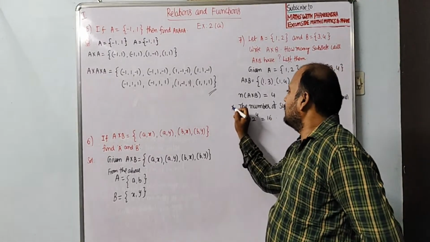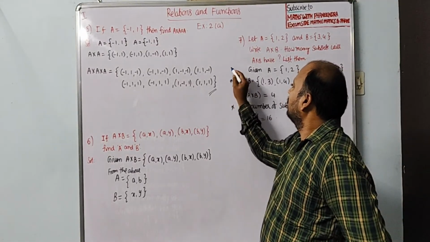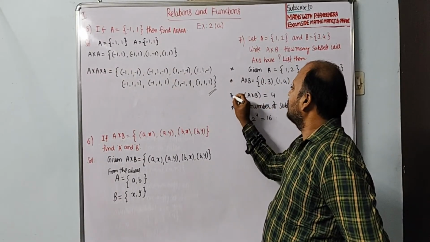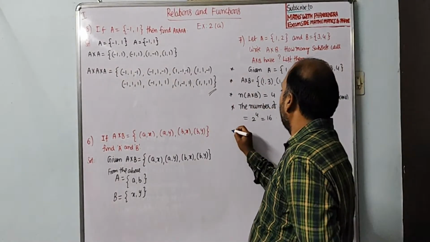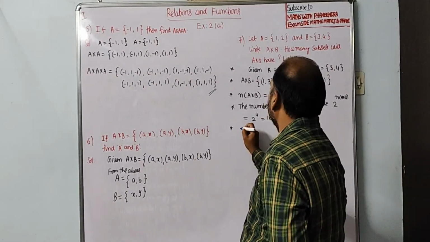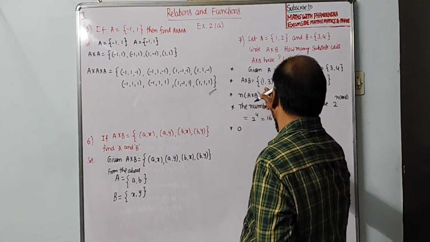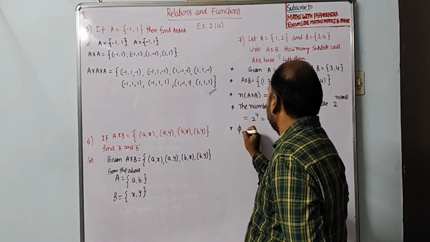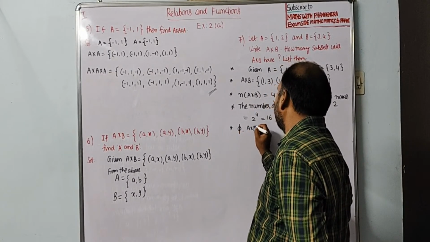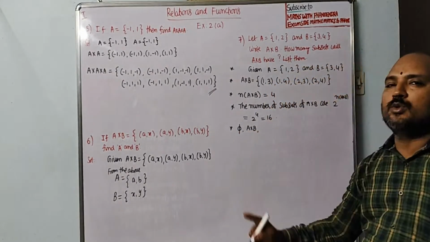What are they? List them, they said. So how to list these? One by one we will write it. First, the empty set. This is a set now. The empty set and the set itself are also subsets. So out of 16, 2 completed.